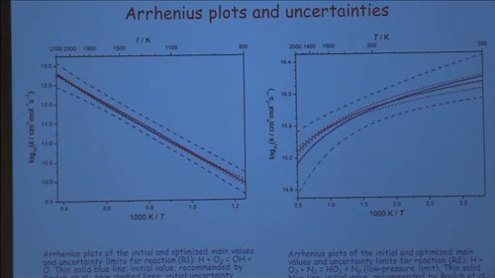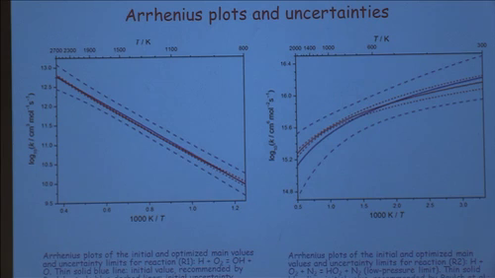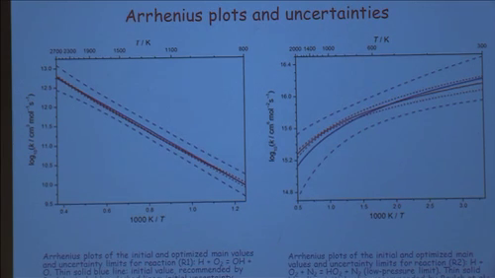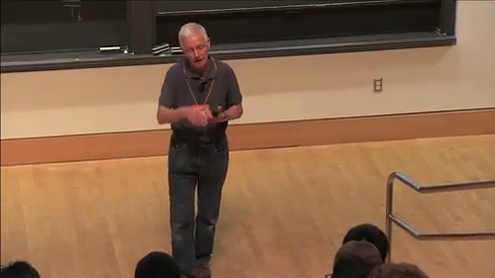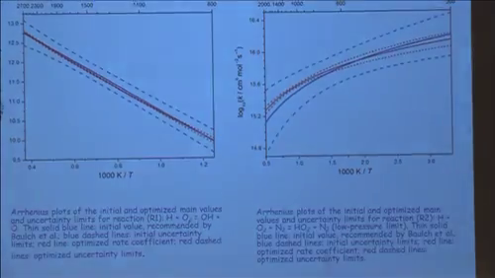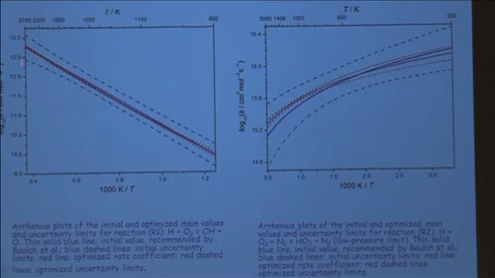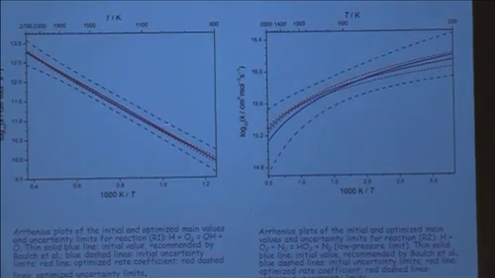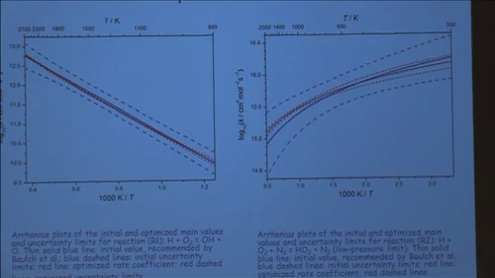Anything that was way out was eliminated from this analysis. But what I showed you a few slides ago was that the bulk of the determinations give you this probability distribution function around the main line. And what they've done here is to take the maximum and the minimum values of that envelope of rate determinations. And so what he's saying is that any value that you fit must lie within this envelope here.